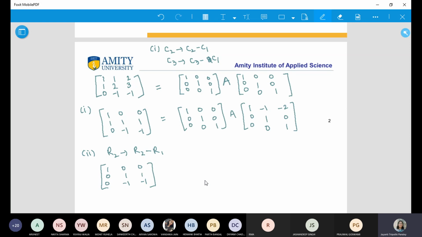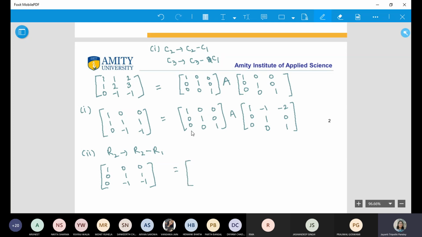Is it fine? Now we will see what is there in right hand side.